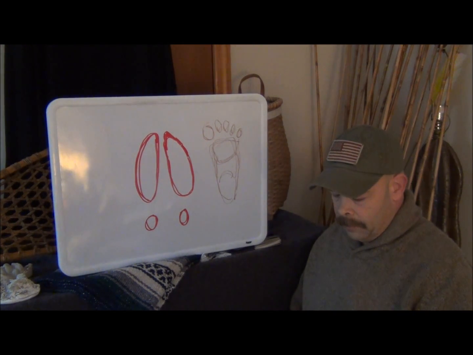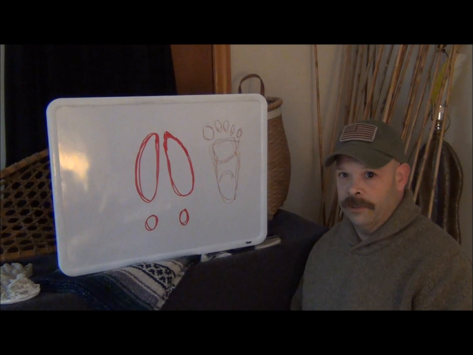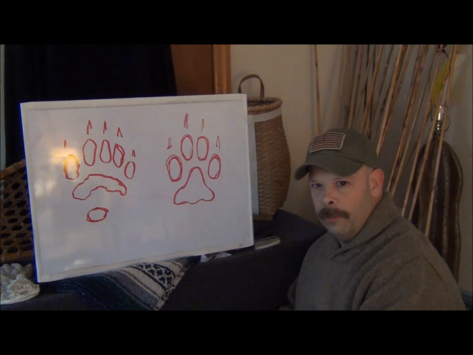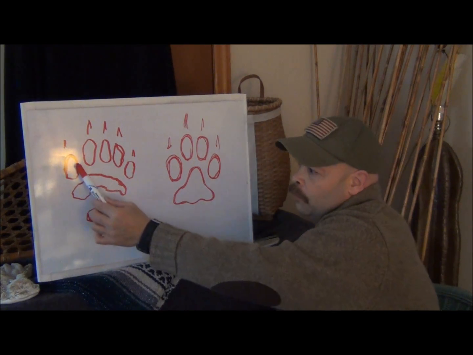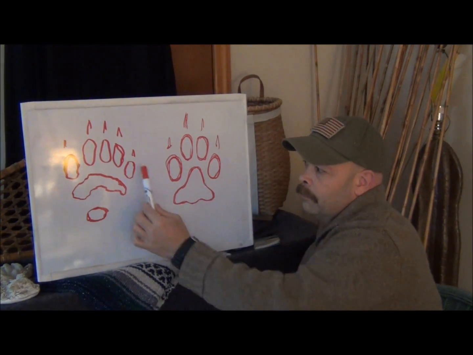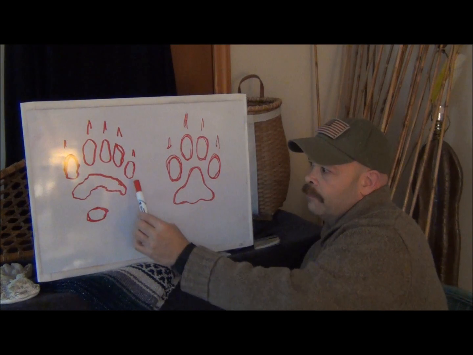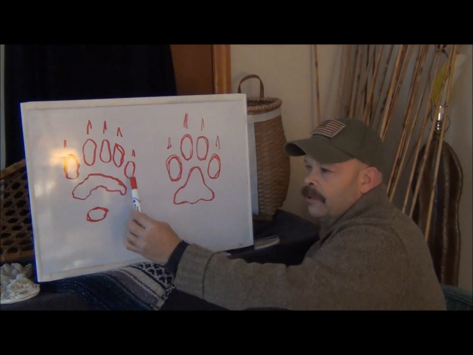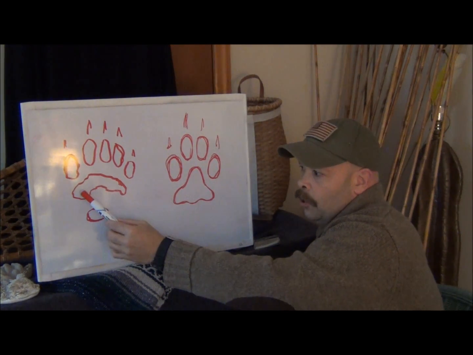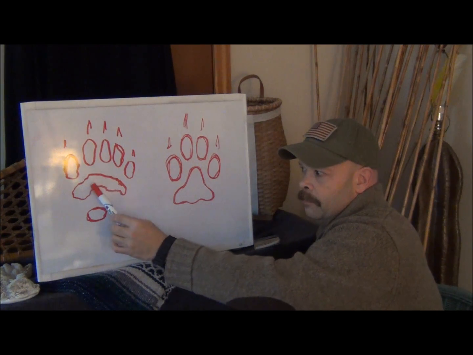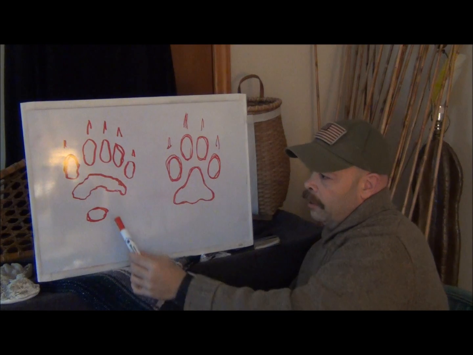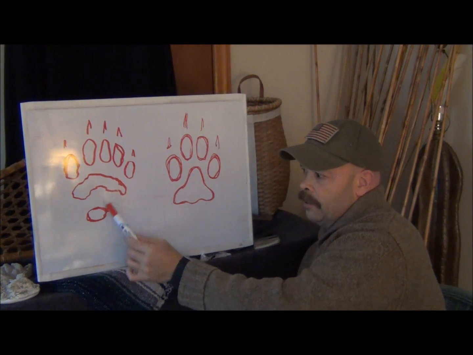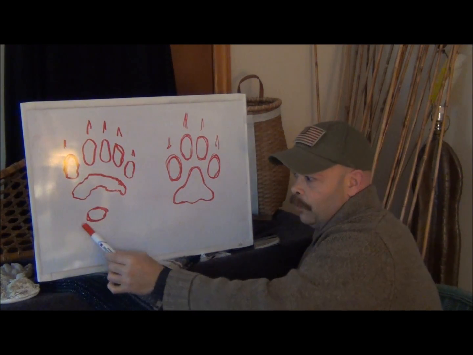Let's talk about some other things in the footprint. As we go along with our numbering, each toe will have what's known as a toe pad, which would be here. Directly underneath the toe pad is known as the interdigital pad. And then underneath the interdigital pad is known as the proximal pad.